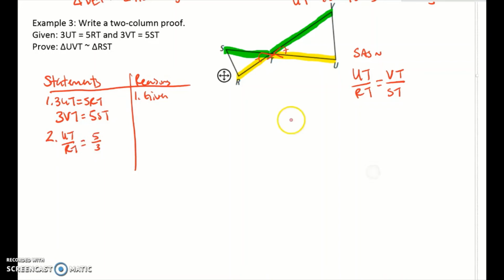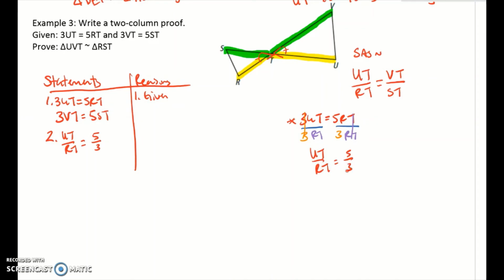If you don't remember how I did that, let me do this on the side. 3UT is equal to 5RT. And remember, if my goal is to get RT underneath UT, I want to divide by RT first. That'll move that RT out of the way. Then I don't want 3UT over RT, so I'm also going to divide by 3 to get rid of that 3. That's how I'm left with UT over RT equals 5 over 3. So I just did some division.